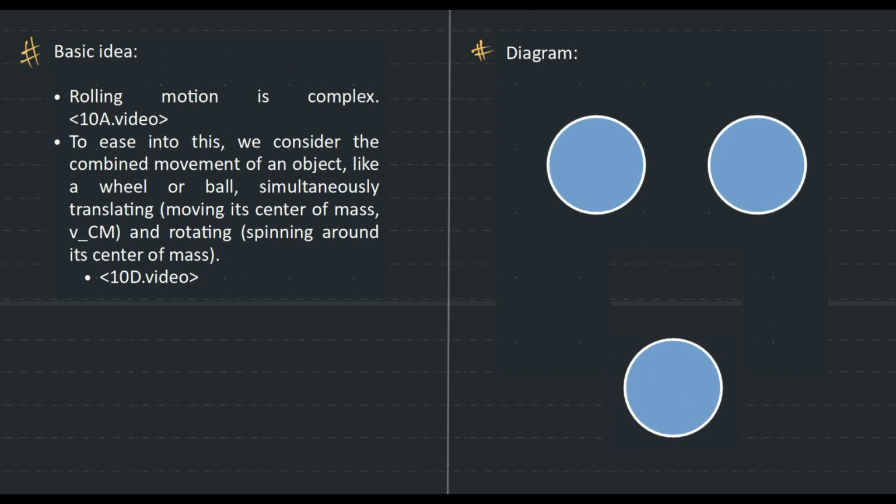Okay, let's do this. This is the ground, almost touching. And this is pure rotation, and this is pure translation.